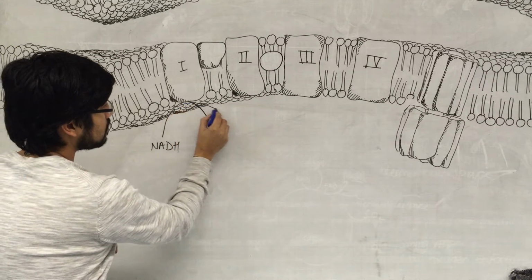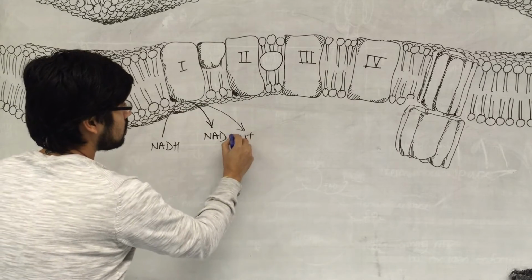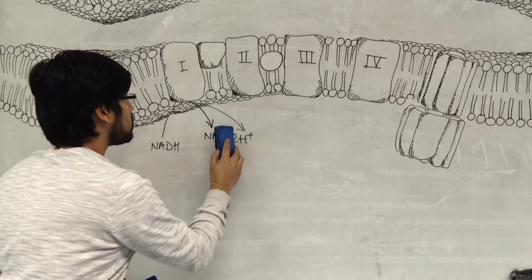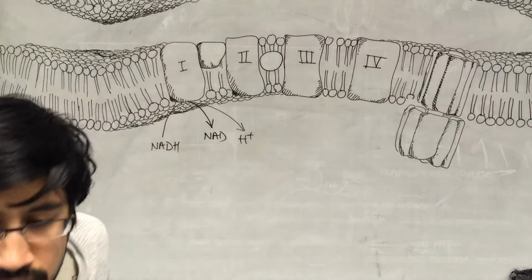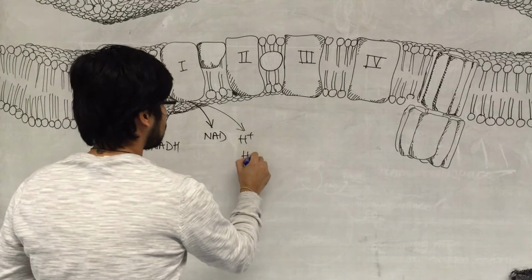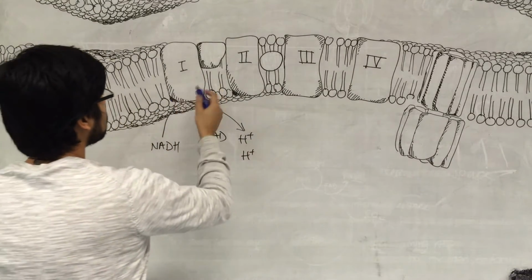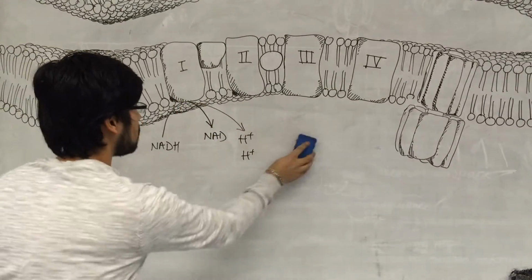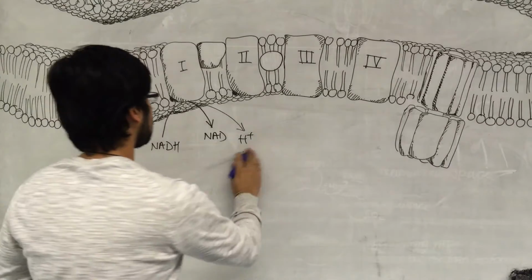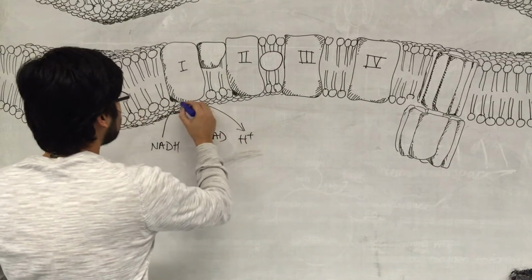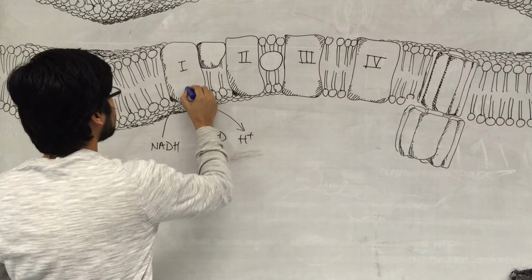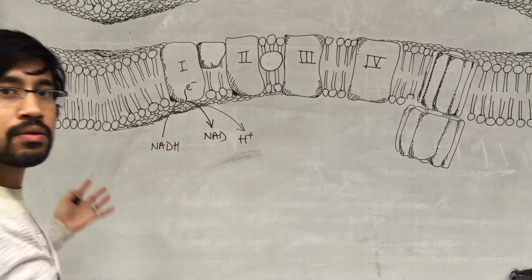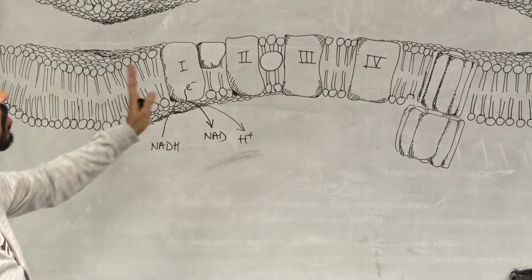In that process, it gets rid of its protons and delivers electrons. Let's keep it simple, guys. So one proton and one electron. The numbers are not important. Protons out, electrons delivered into the electron transport chain.